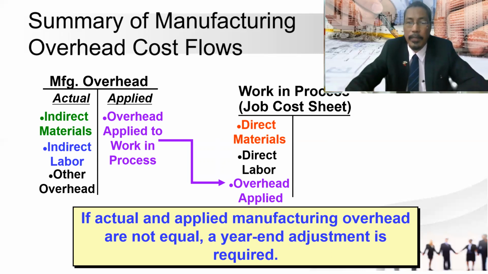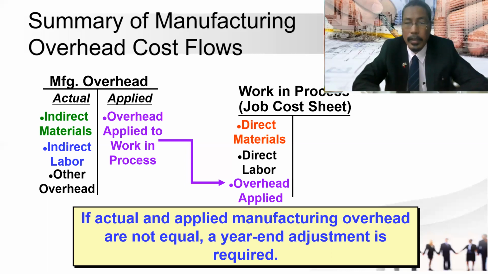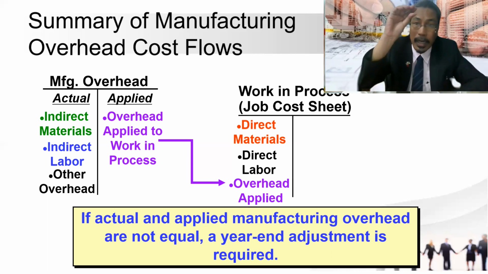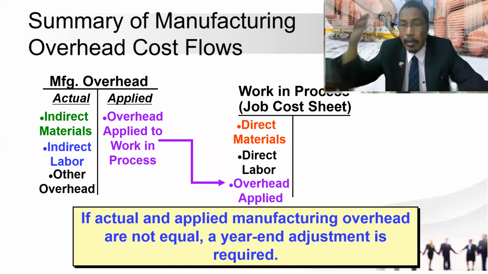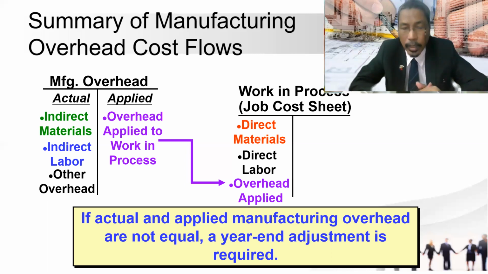Applied overhead is applied to work in process. You can compute overhead applied to work in process from the manufacturing overhead account to the work in process account. They are the same. Okay, so job cost sheet, so direct material, direct labor, and overhead applied. If actual and applied manufacturing overhead are not equal, a year-end adjustment is required.